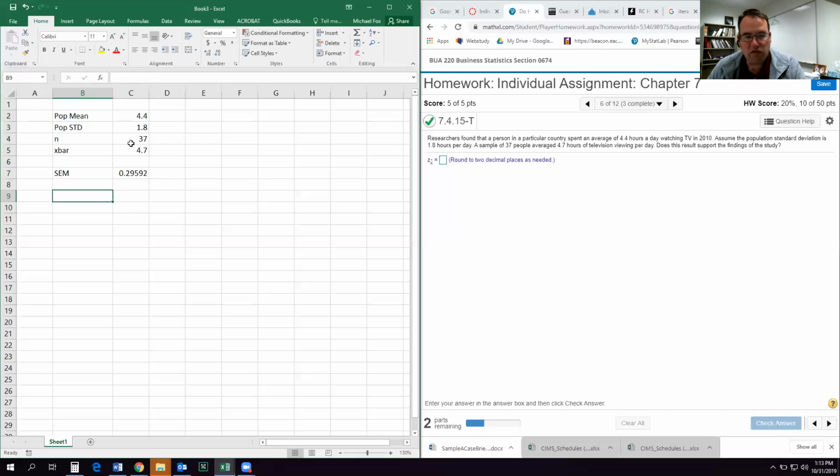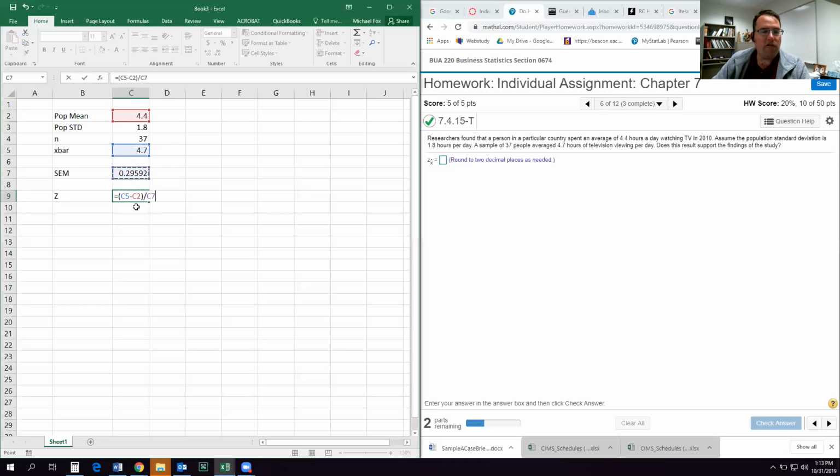Then we can find the z-score of that by taking X bar minus the mean of the sample means. And if we have a big enough sample, bigger than 30, then we can use our population mean. And then dividing that by the standard error of the mean.